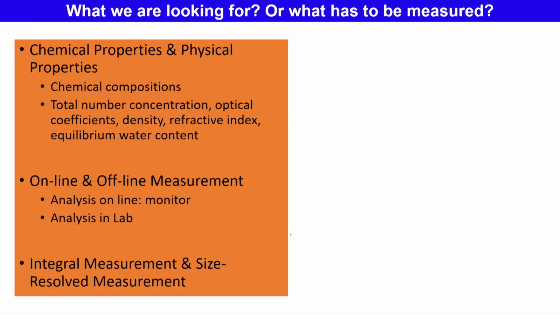So in general when we do filter sampling, filter based research, offline that we call it, this chemical composition part is mostly done by offline measurements, and then your time could vary from about 8 hours up to 24 hours.